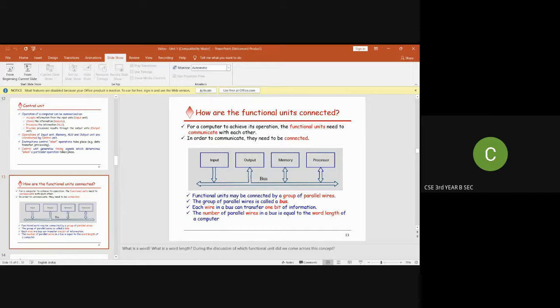So word length is the number of bits which could be processed at a time by the processor. So the processor's word length must be equal to the number of wires in a bus. So both should be coordinated.